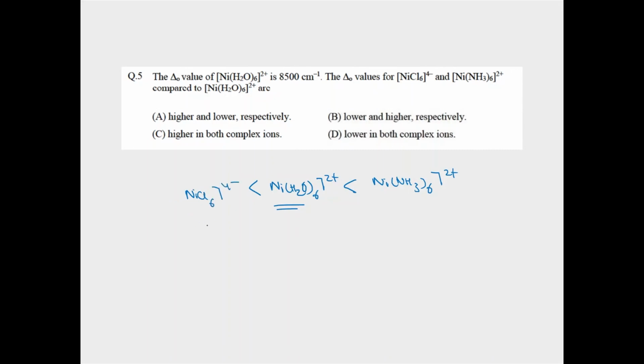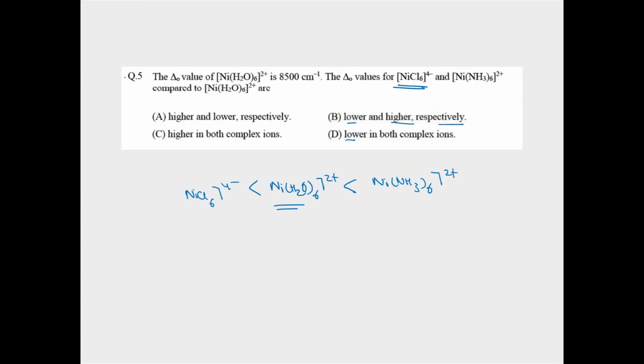That is because Cl is a weak field ligand compared to these two. So among the given options, [NiCl6]4- will have lower delta O in comparison to this. So B and D, here it is lower, and [Ni(NH3)6]2+ will have higher. So lower and higher respectively.